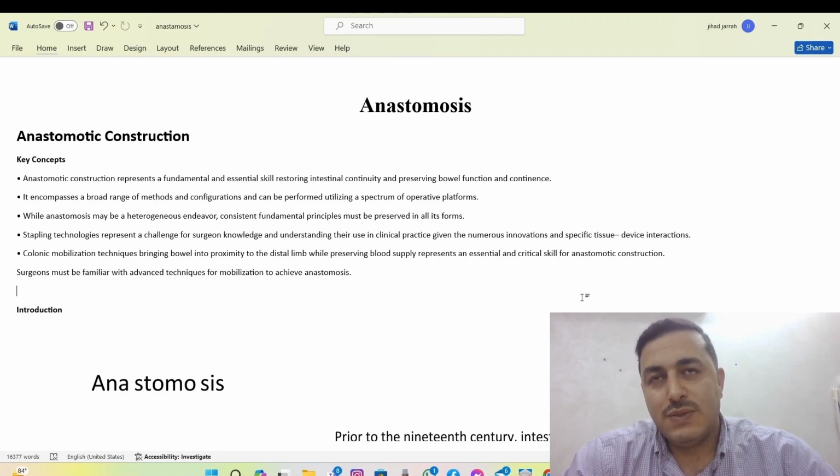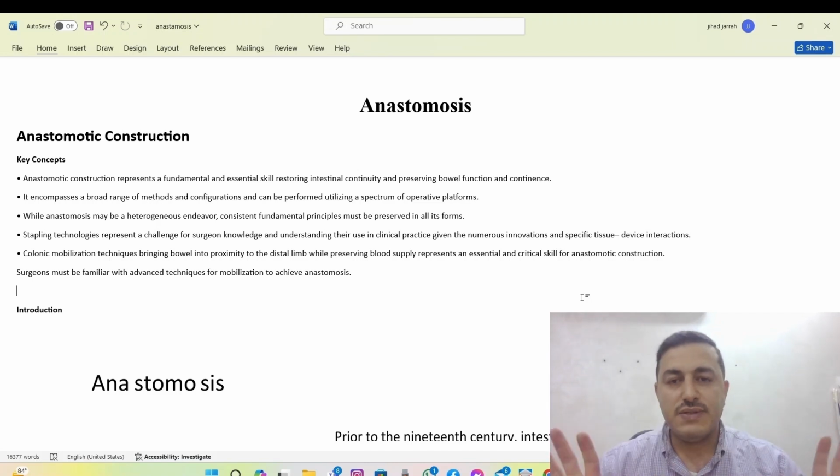As we said, anastomosis is bringing two tubular structures together.